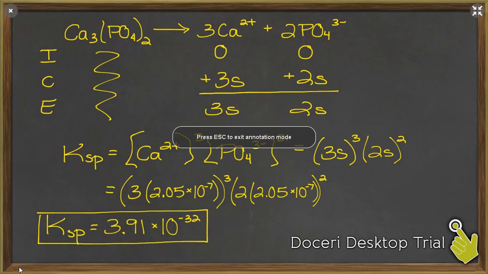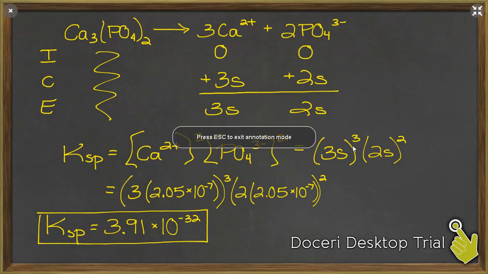So I tried to write this out a little bit more neatly. Okay, so we've got the ICE table here. Remember, I wrote out my balanced equation, filled in my ICE table, and then wrote out my Ksp expression and substituted 3S and 2S into that expression.